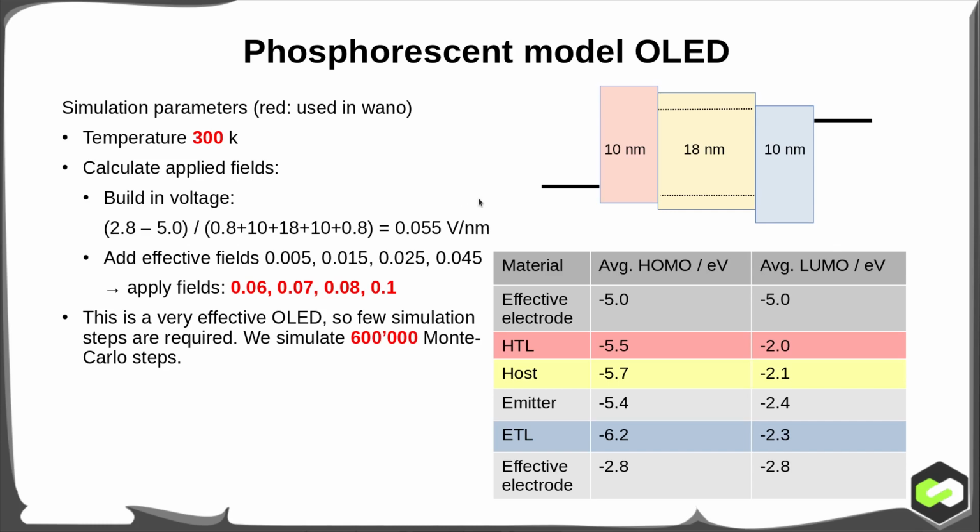So to this we add an effective field to actually get some drift in our simulations, and we add here fields of 5, 15, 25 and 45 millivolts per nanometer, which then results in fields of 0.06, 0.07, 0.08 and 0.1 volt per nanometers.